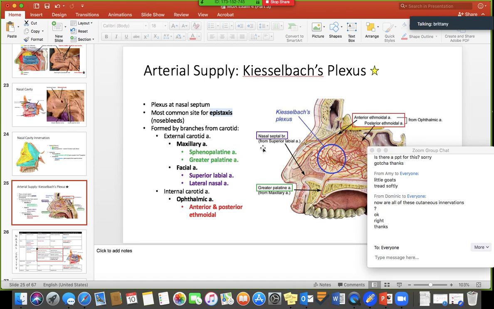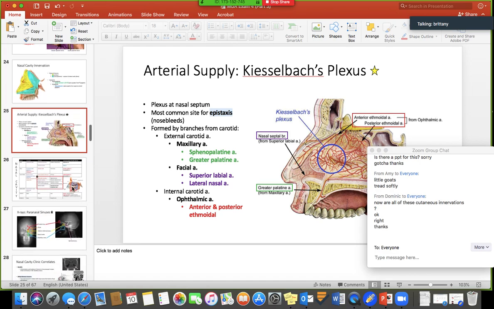I believe Dr. Kim said not to worry about these smaller branches, just to know that Kiesselbach plexus is made up of a contribution of smaller branches of the maxillary, the facial, and the ophthalmic artery. So I could see a question coming from this for sure, and I think we were asked about it last year as well.